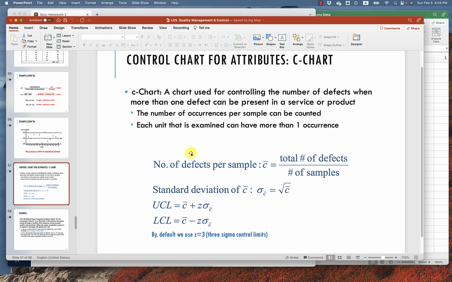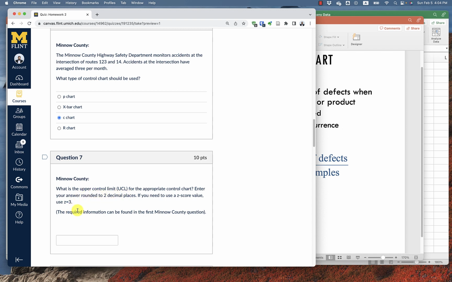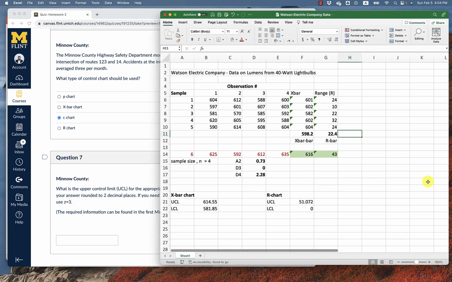And then Z is going to be 3 by default if it doesn't specify a sigma level. It does say use Z equals 3. So if it says 3 sigma control chart or Z equals 3, we use Z equals 3. If it says 4 sigma control chart, we use Z equals 4. If it says 2 sigma control chart, we use Z equals 2.